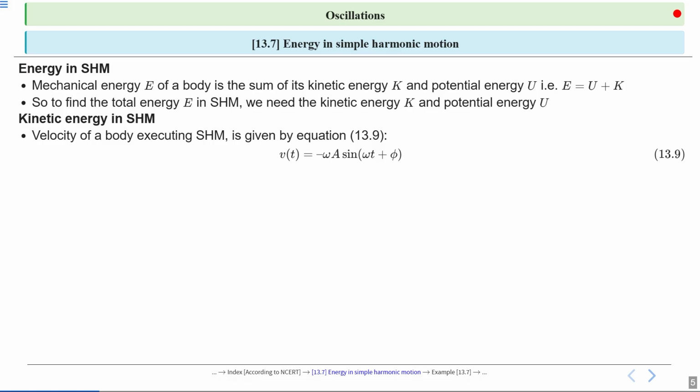So we have v of t is equal to minus omega a sine omega t plus phi. Here v of t is the velocity at time t. Omega is the angular frequency in radians per second and a is the amplitude in meters. t is time in seconds and phi is the phase constant in radians.